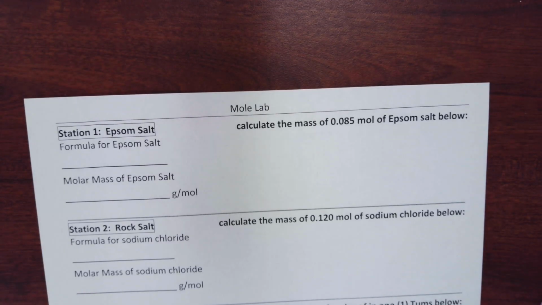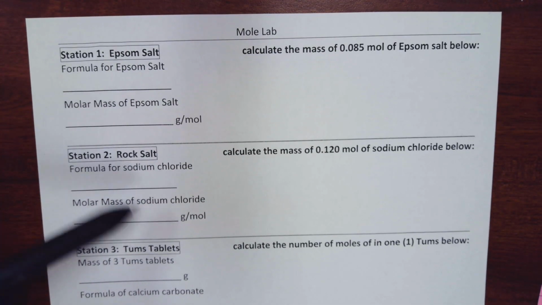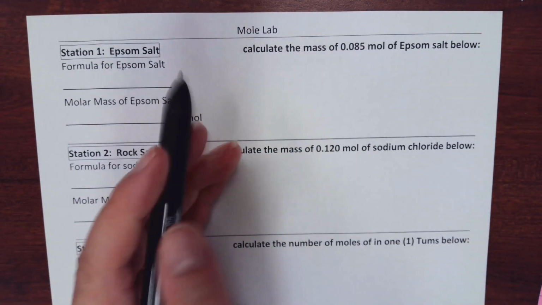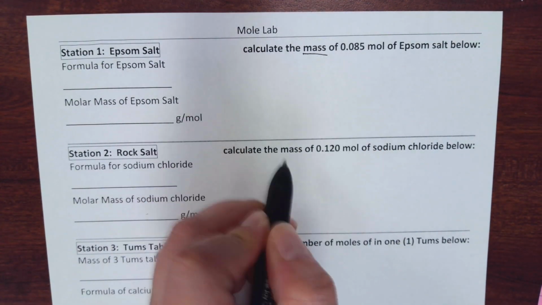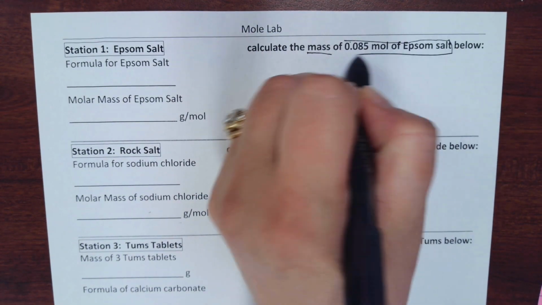So let's talk about what we're doing in the lab. Each of these stations has a different measurement that you're going to take. At stations 1 and 2, you're actually going to want to do the calculation before you do your measurement, because they're asking you to calculate the mass, and you're starting in moles.